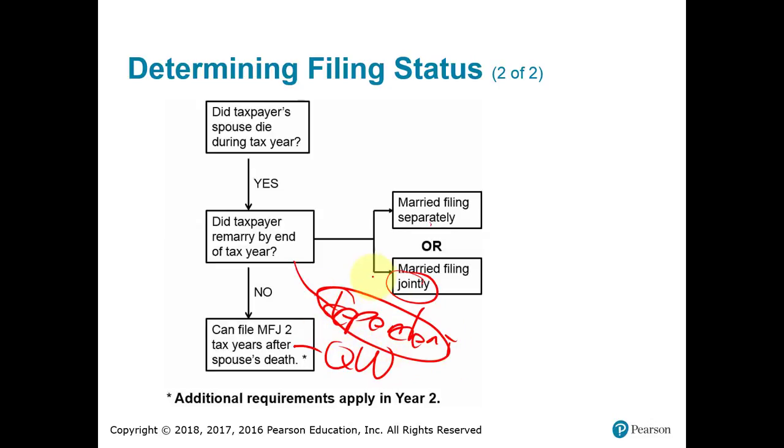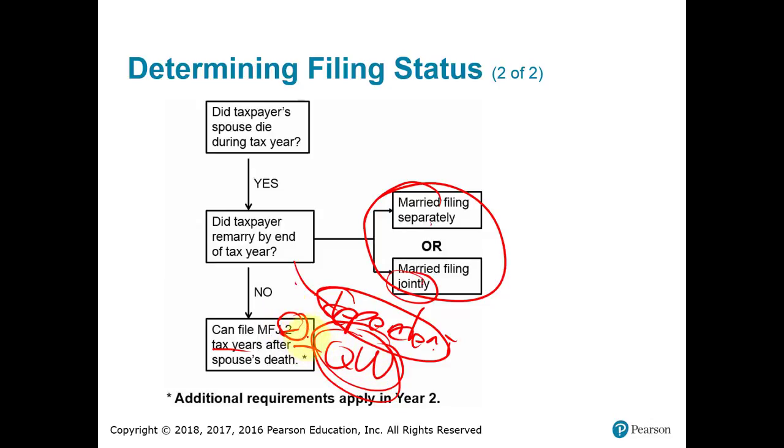And the year after that, you can qualify for qualifying widow filing status. So I believe that's what the 2 tax years refer to here, not counting the year of death. In the year of death, our survivor can be married, filing joint, or separate. In the year after death, with a qualifying child dependent, our survivor is a qualifying widow filing status. Same thing for the next year after that.